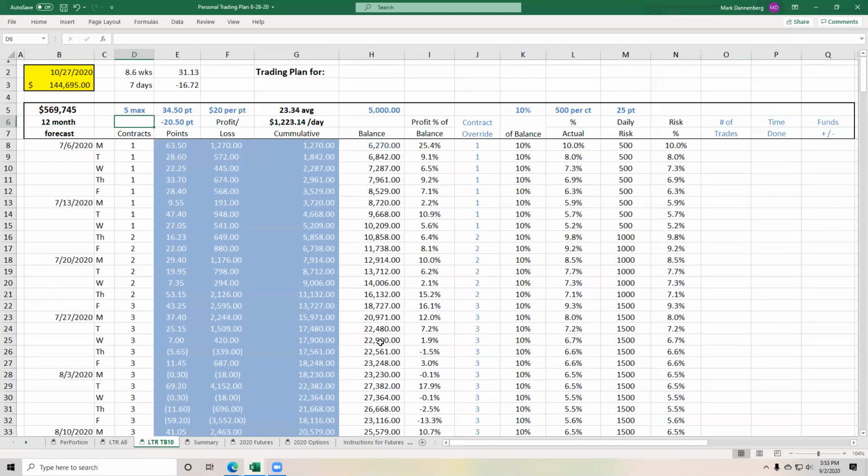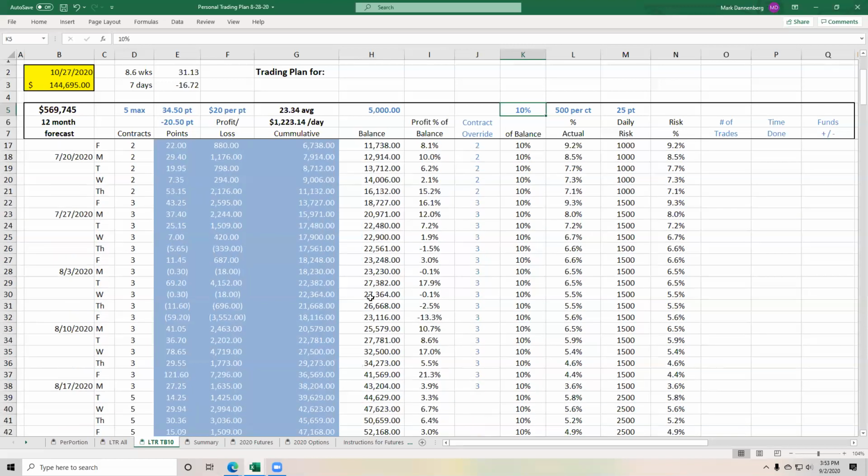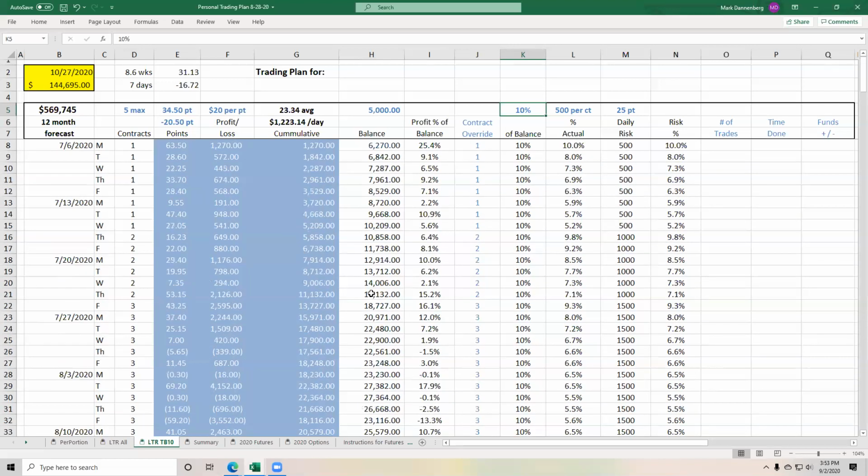And the way we have it set to determine whether or not there are sufficient funds in the account is we will not allow more than 10% of the total account balance to be allocated to margin on these contracts. So in order to get to 5 contracts, each contract requires $500 of margin. That's $2,500 in total. 2,500 is 10% of 25,000. So you would not be scaling up to 5 contracts until you are comfortably at that level.